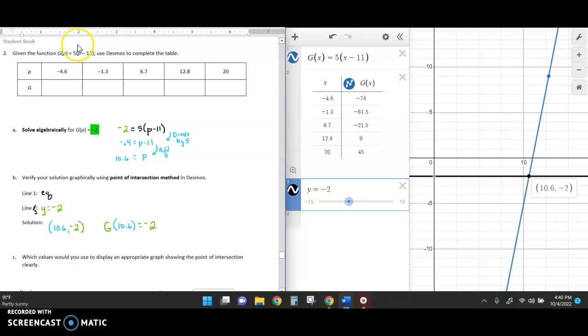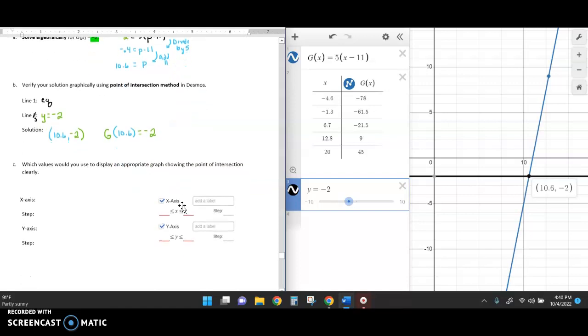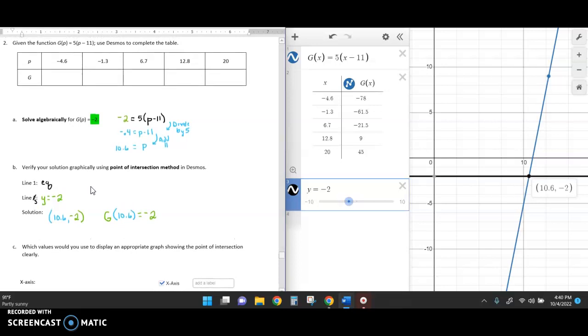So one more look at how would we graph this by hand. So that's what we could do in terms of which values would you use to display an appropriate graph showing the point of intersection. Because over here we just moved our graph around. But let's think about, if I were to graph these ordered pairs, I would need to go in the input. So again, here are my input values.